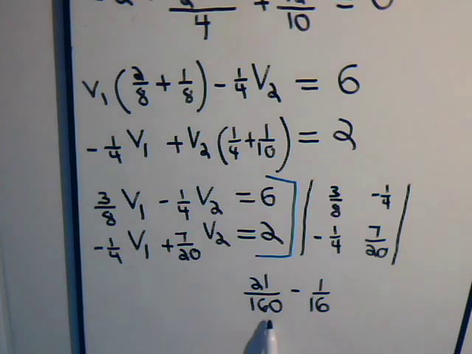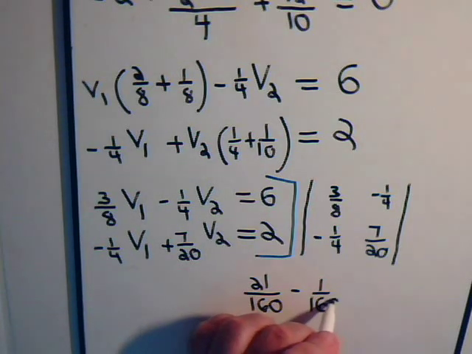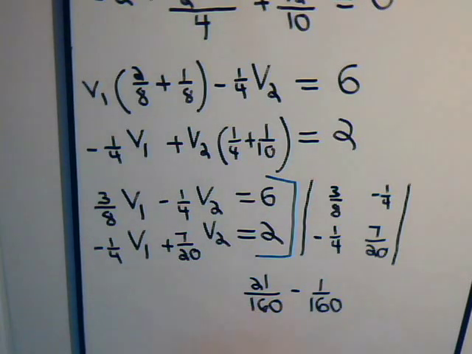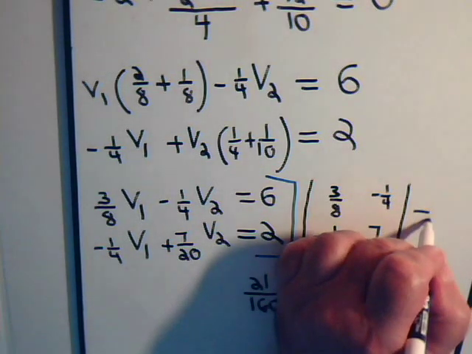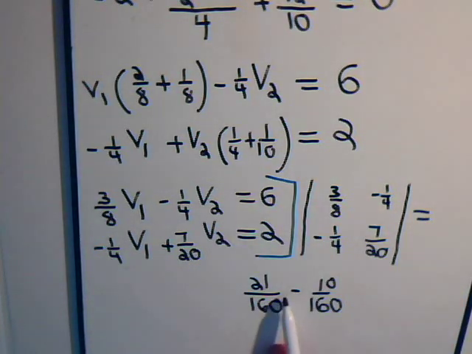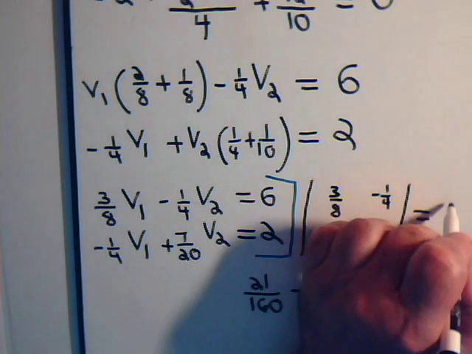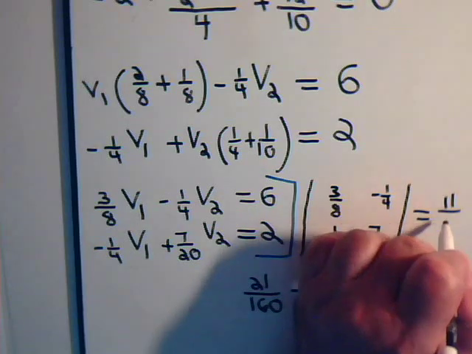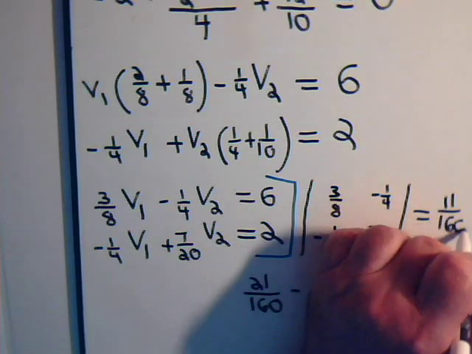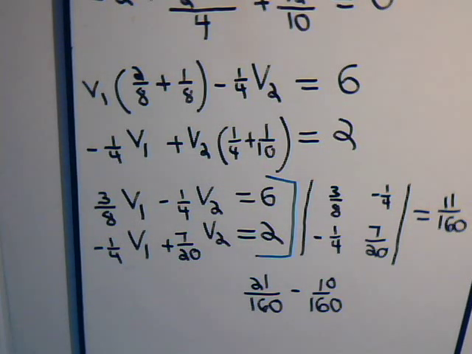This is over 160, so if I multiply this bottom part by 10, multiply the top part by 10, this is now equal to 21 minus 10, 11 divided by 160. So we know this.